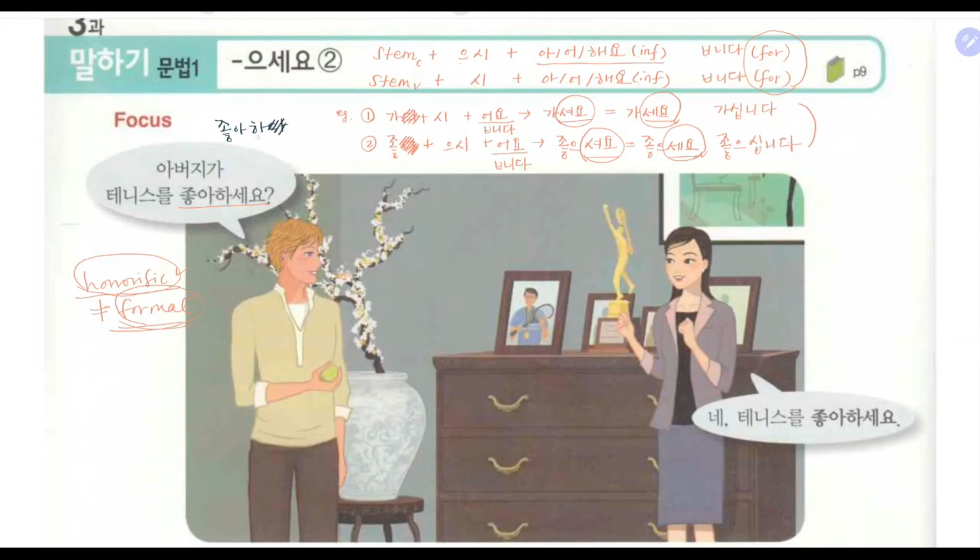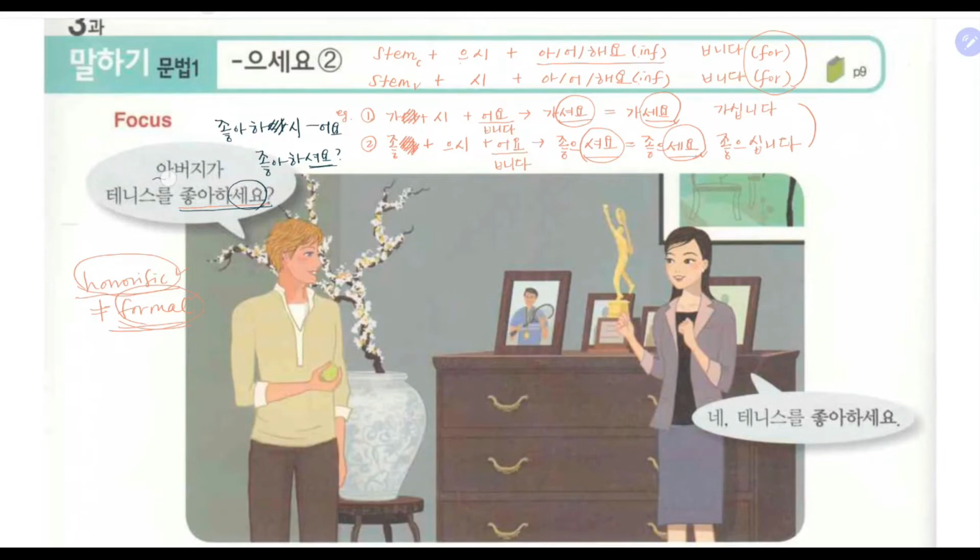And get rid of 다. 받침 없어요. 시. And then sentence ending. 좋아하시어요. So, 좋아하셔요. And instead of 셔요, let's stick to 세요. So, 좋아하세요.